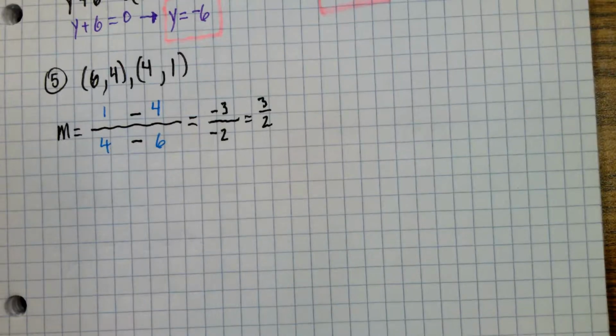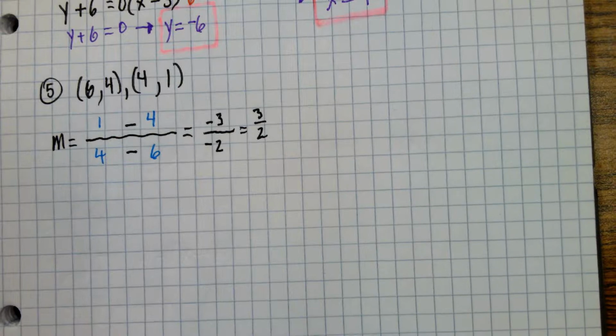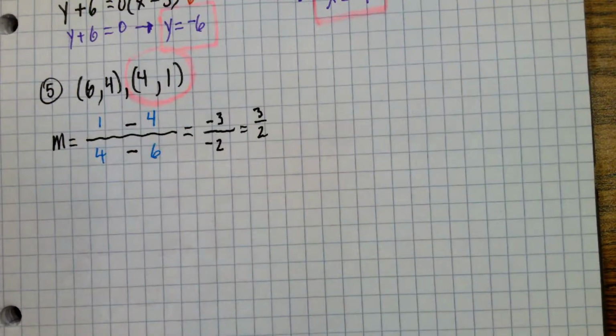Now that we have a slope, let's go ahead and pick a point. Doesn't matter which point you like. Let's pick a point. Which one do you want to pick? (4, 1). I would pick (4, 1) myself. And then we're going to do this twice.